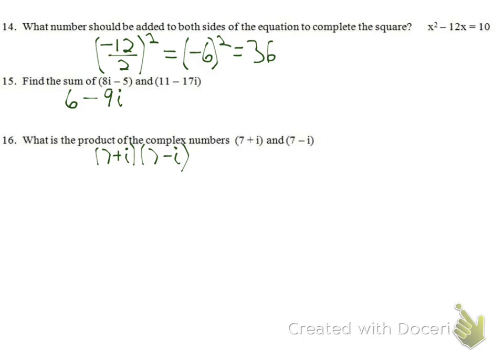So I get the first term times both terms in the second. That's 49 minus 7i plus 7i minus i squared. The middle two terms become 0. I'm left with 49 minus negative 1, and that becomes 50.